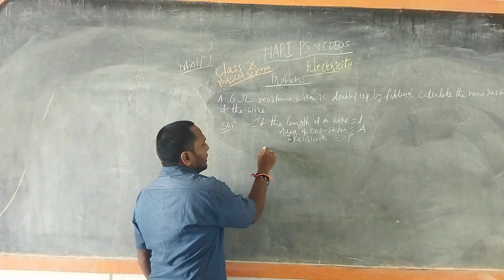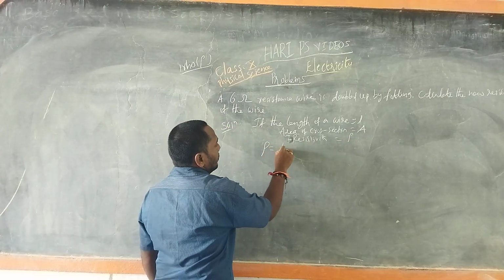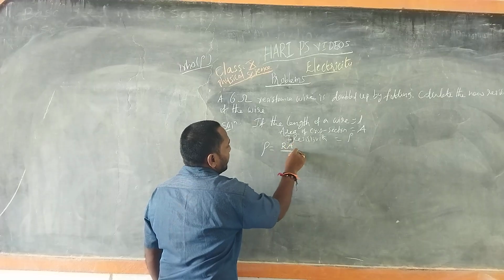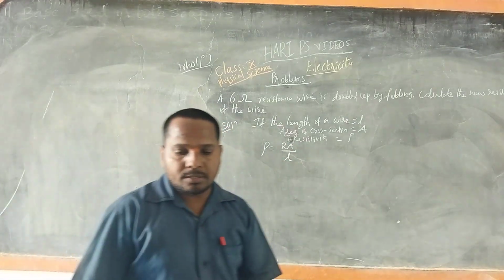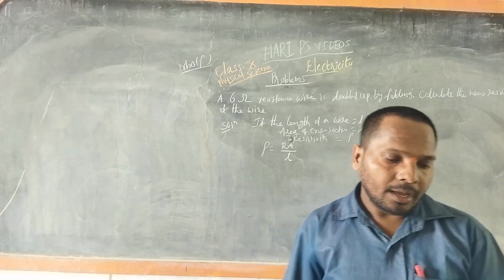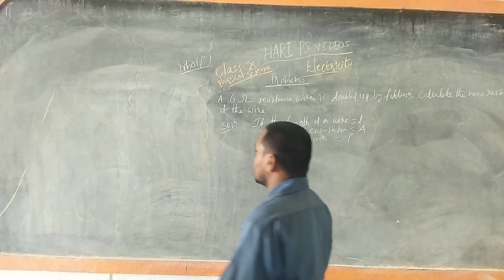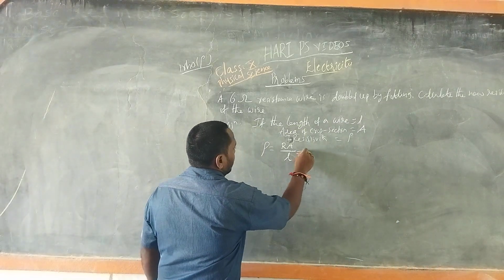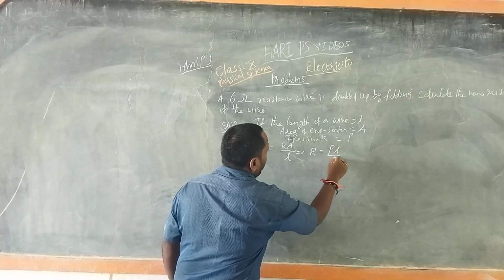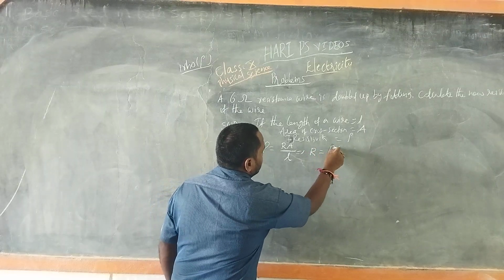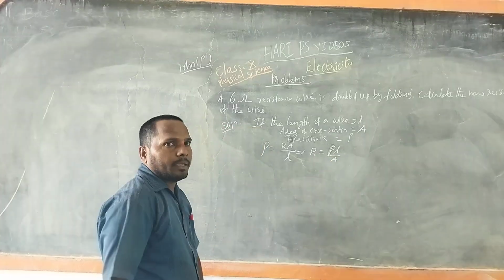As we know, resistivity rho is equal to RA by L. From this, you can write R is equal to rho L by A.